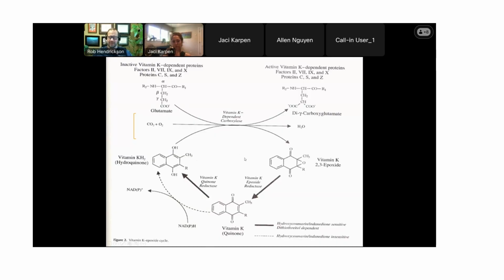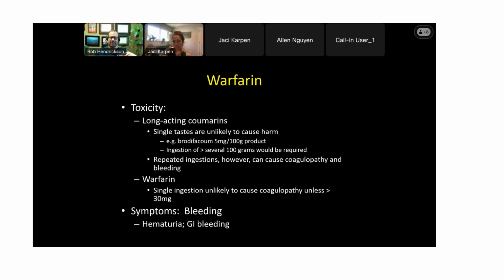If you inhibit this step, then you don't activate vitamin K, and so you don't activate any of those factors. So if you did a factor concentration of all of these things, they would be normal. If you do a factor activation, then they are abnormal. It's a little tricky, it's the activation of the factors that's not happening. So they're not effective, but if you measure them, they'd actually be there.